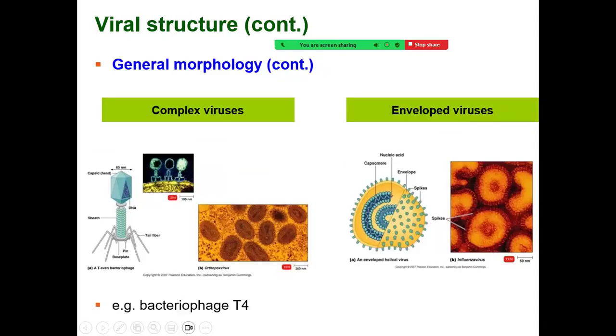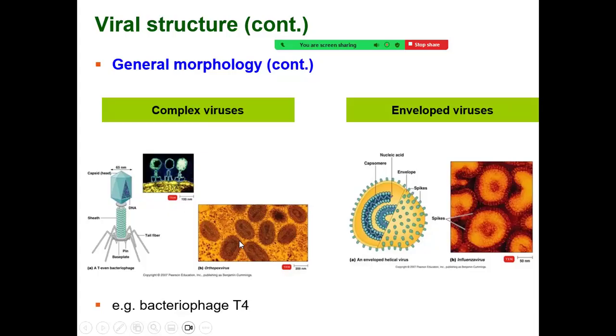And then the third general morphology, meaning the third shape, is what is called a complex virus. They can be almost any shape. Here we have T4, which actually looks like the lunar lander of the Apollo missions. And there's an actual electron microscopic image of a T4.